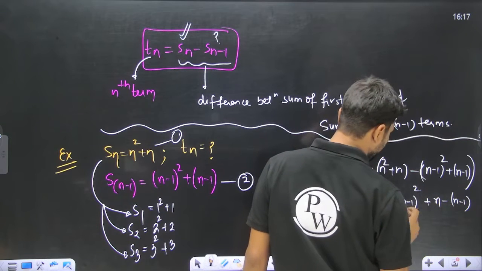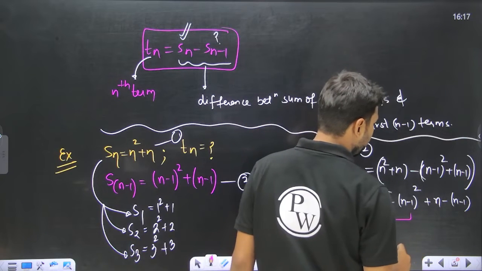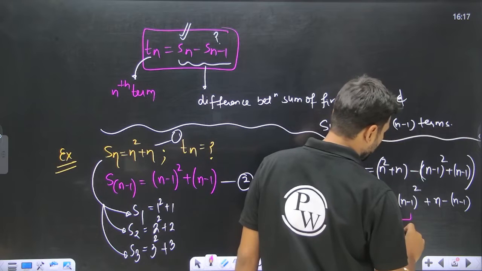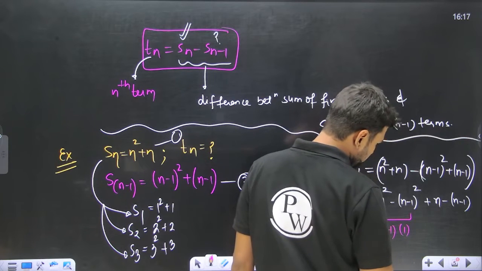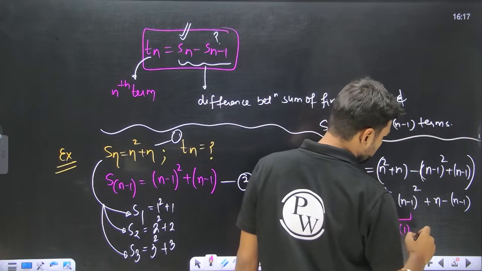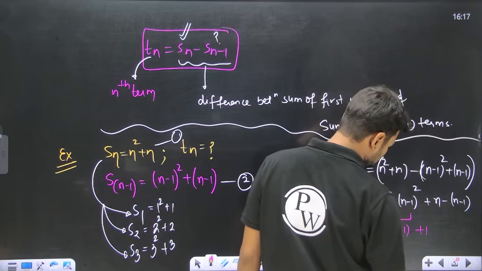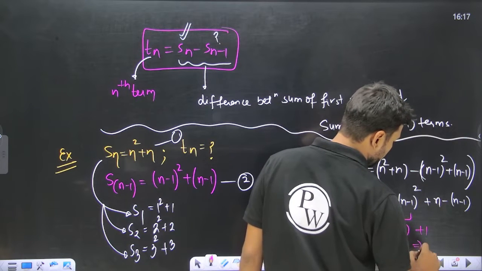So we can write a square minus b square over here, so it will become (a plus b) into (a minus b). So (2n minus 1) into 1 will come over here, and then over here if you see plus 1 will come. So ultimately it is going to be 2n minus 1 plus 1, that is equal to 2n only.